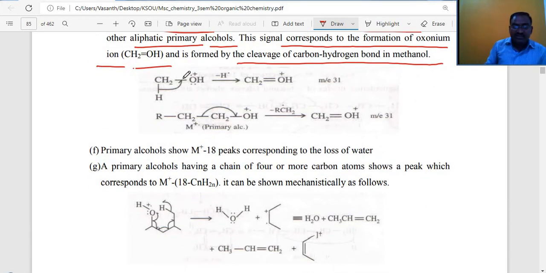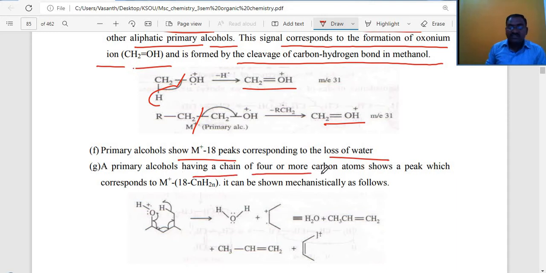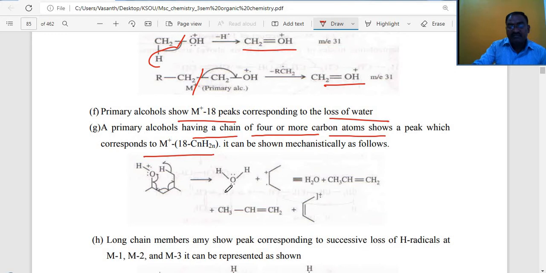Here methanol is there. What happened here? Removal of this gives CH2OH. Primary alcohols show an M-18 peak corresponding to loss of water. Primary alcohols having a chain of 4 or more carbon atoms show a peak which corresponds to M-18.